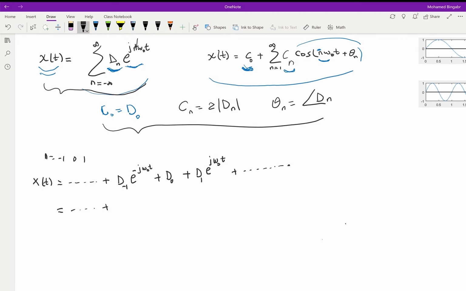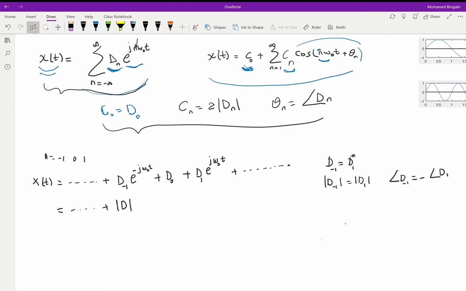Now, D is really going to be complex. It will have a magnitude, and D minus 1 is always going to be the conjugate of D1. That means the magnitudes are the same, but the phases are negatives of each other. So this will be the negative of this phase.